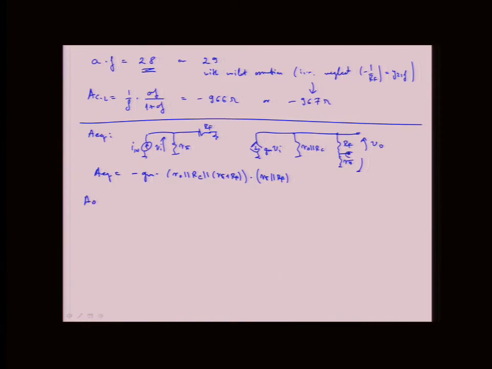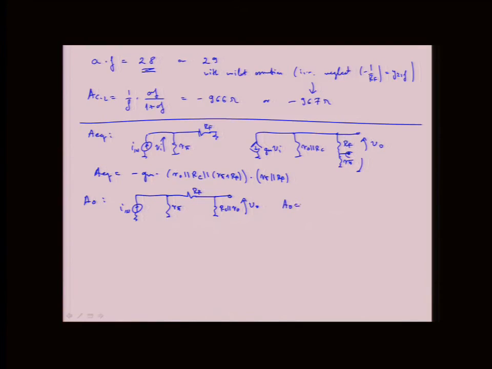For A naught, we have a simpler circuit. R pi, RF, and then this is VO.